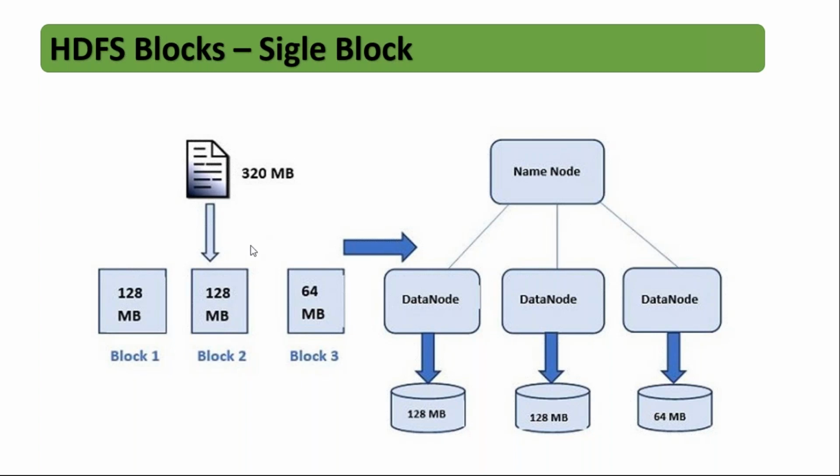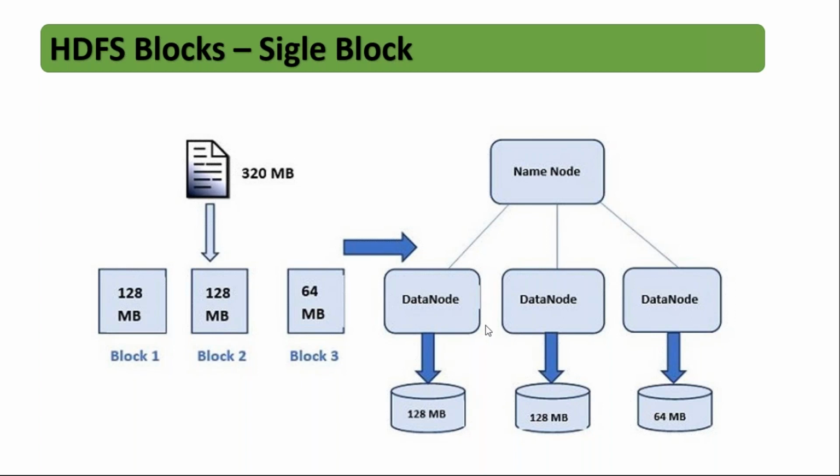These blocks will be distributed to these data nodes when you load this file to the cluster. That will be taken care of by the name node, you know that. One data node gets one block, another data node another block, another data node another block, because there are 3 data nodes and 3 blocks, that's all.